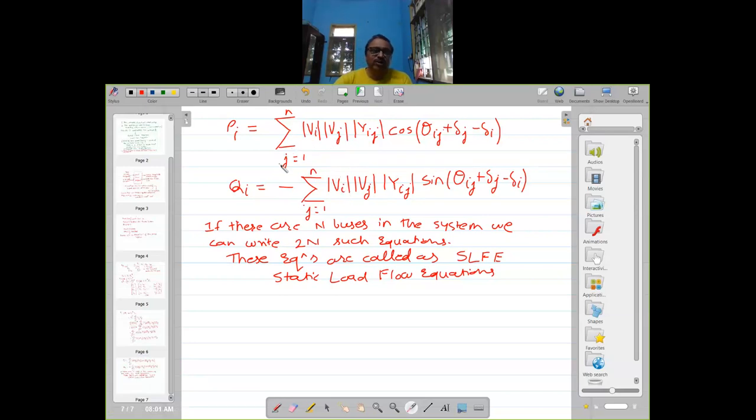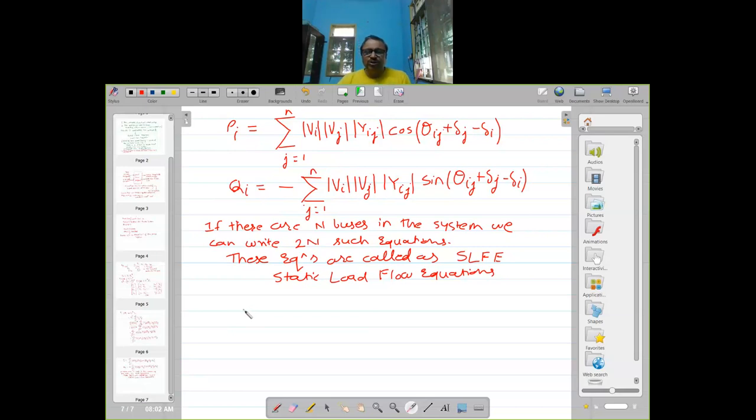And why load flow? This Pi and Qi indicates how the real and reactive power is injected into the bus. For each bus we can write two such equations. Therefore we have a total of 2n equations: for each bus 2 equations, and if there are n buses, 2n equations.